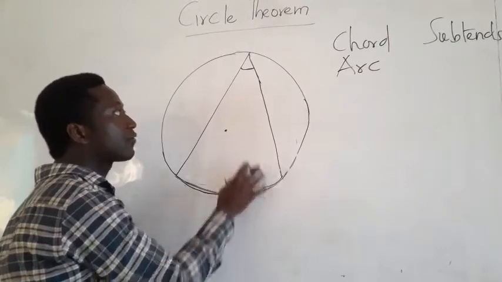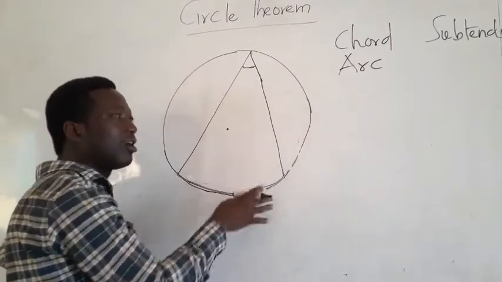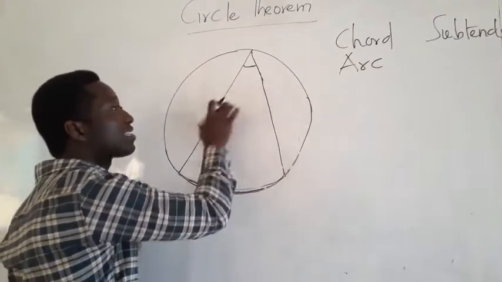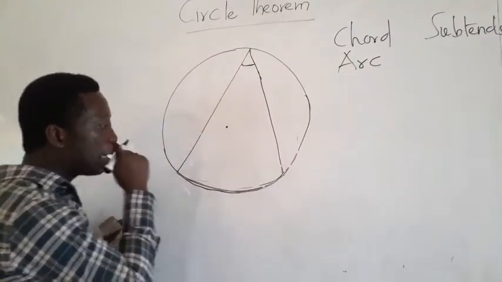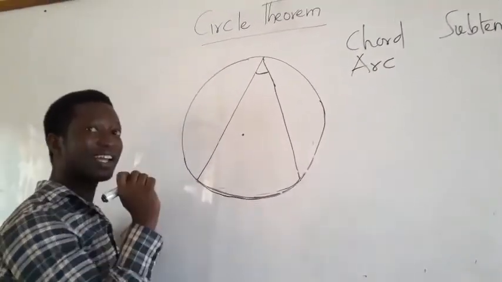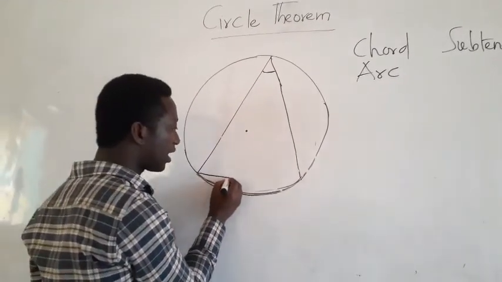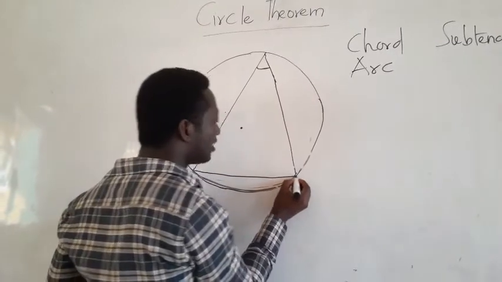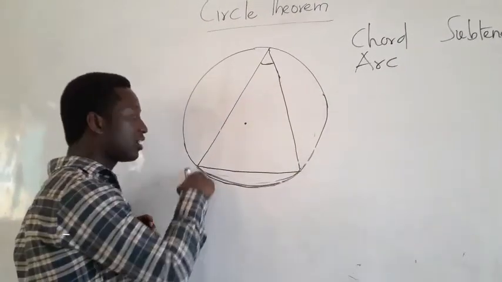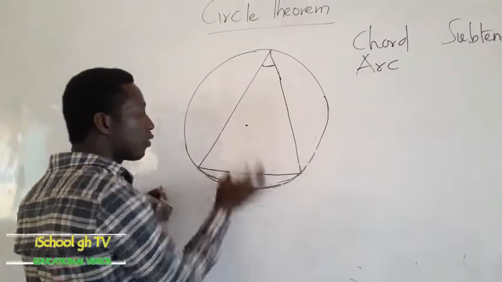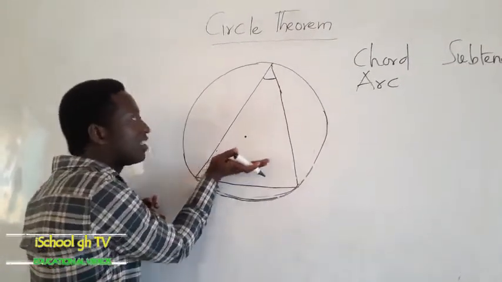So this is the arc from which these lines originate. Now, if I want to use a line to combine them together, that line is a chord, because this chord, if you clean up everything here, divides the circle into two parts. That is this part and that part.